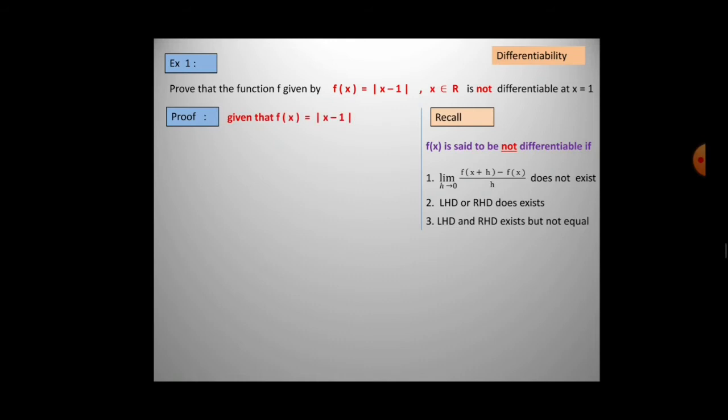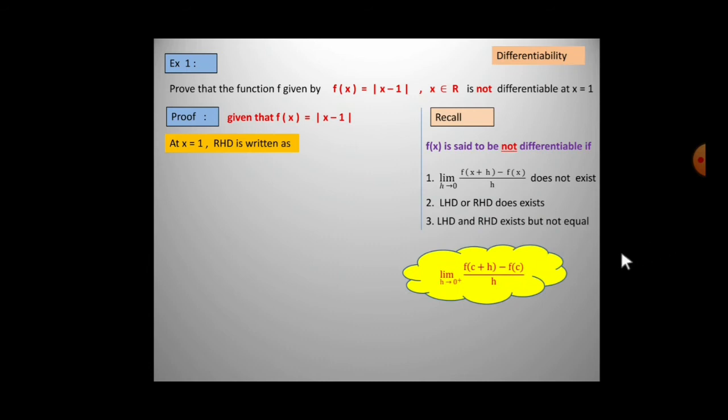Given that function is mod x minus 1. So since it is a modulus function, let me operate first right hand derivative at x equal to 1 point. Remember students, the right hand derivative in general is given at c point by limit as h tends to 0 plus f of c plus h minus f of c divided by h, where c is a point.